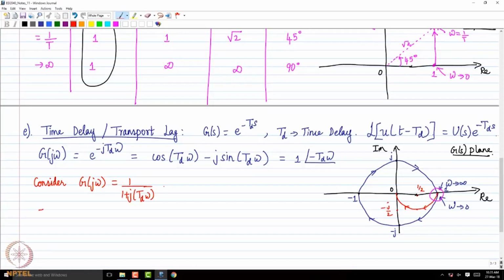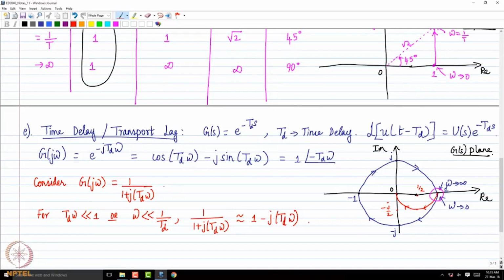You can immediately see that for td omega very much less than 1, or omega less than 1 by td, the function 1 divided by 1 plus j td omega, not the magnitude, the function itself, I can approximate as 1 minus j times td omega, if td omega is very small.